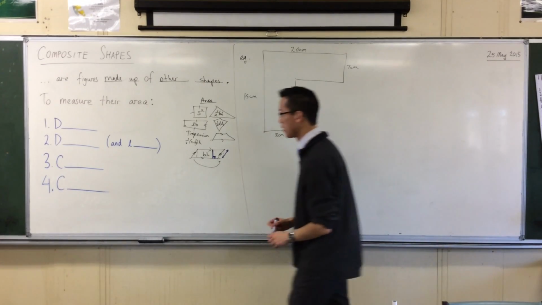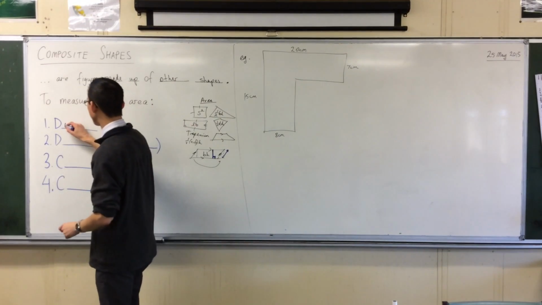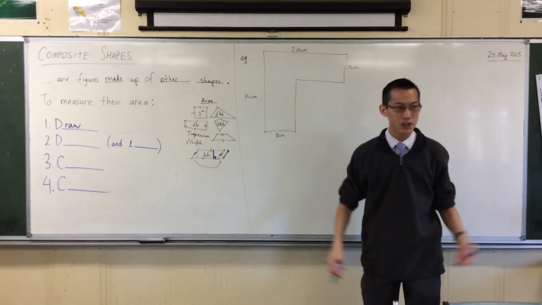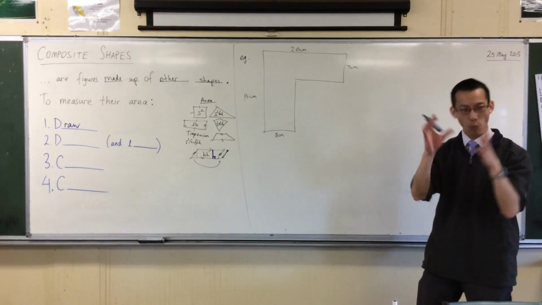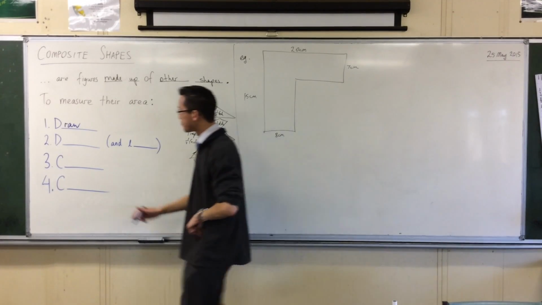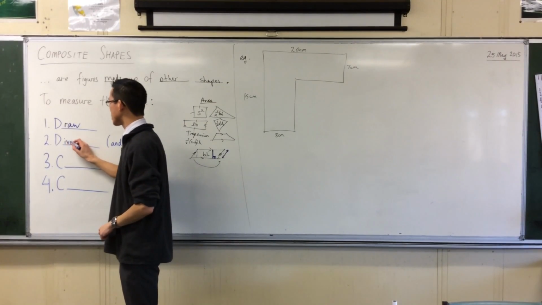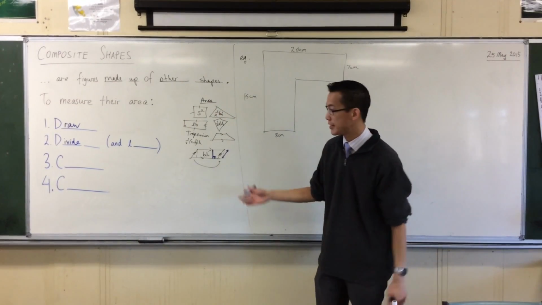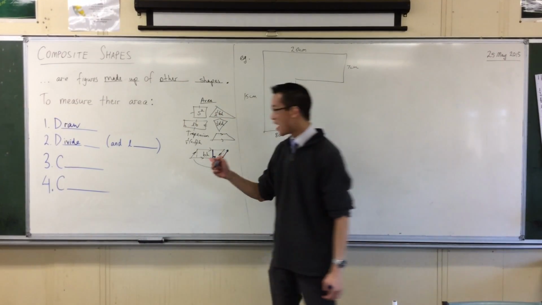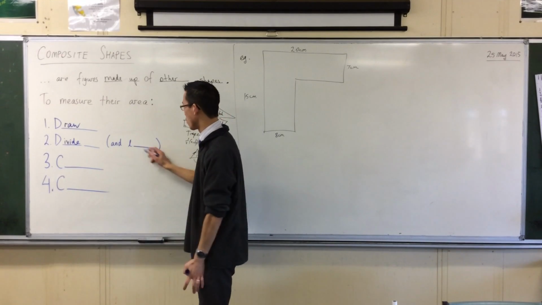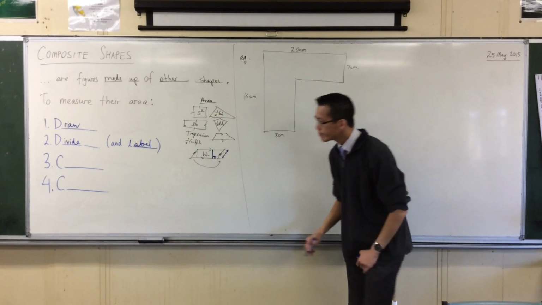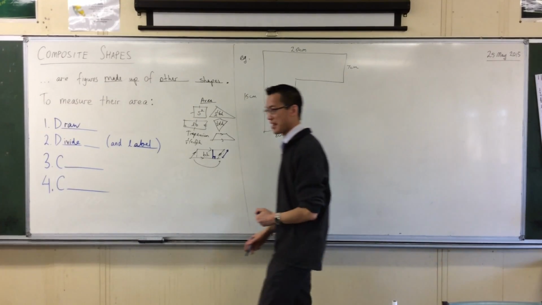Step number 1, draw. We always begin with a diagram in geometry so you can see what you're looking at and work with it. Second step is divide, as in slice it up into different pieces, and I'll show you an example of all these. When you divide, that's also, as you'll see in a minute, a really helpful time to label what you've got there. And then our last 2 steps are not D's, they're C's.